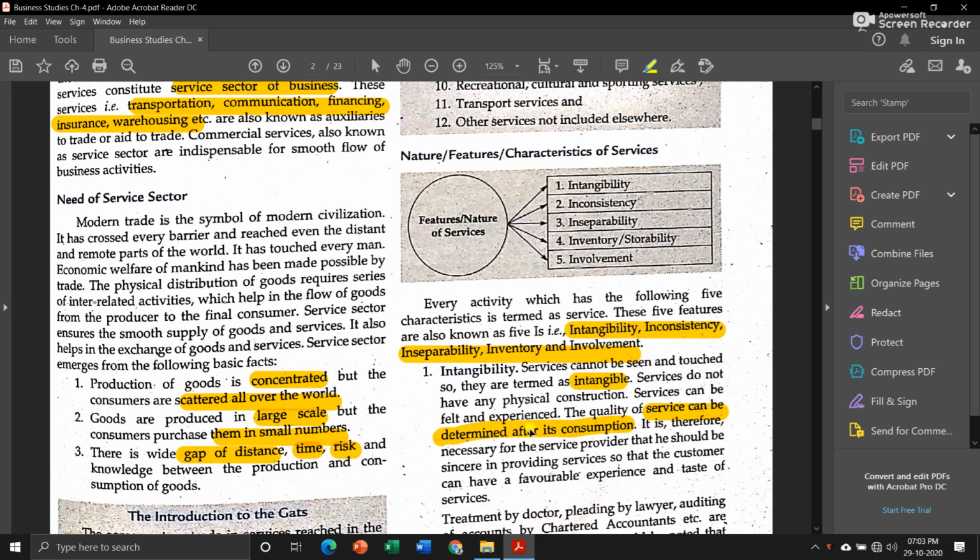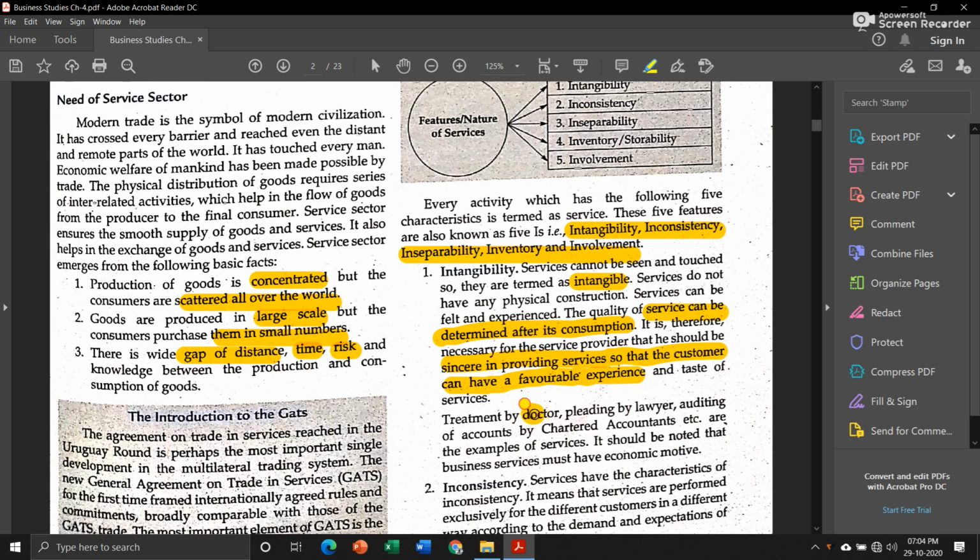It is therefore necessary for the service provider to be sincere in providing services so that the consumer can have a favorable experience and taste of services. Treatment by a doctor, pleading by a lawyer, auditing of accounts by chartered accountants, these are all examples of services.